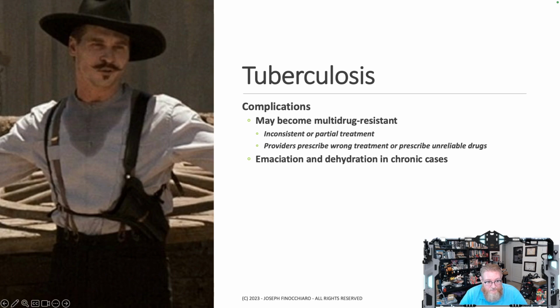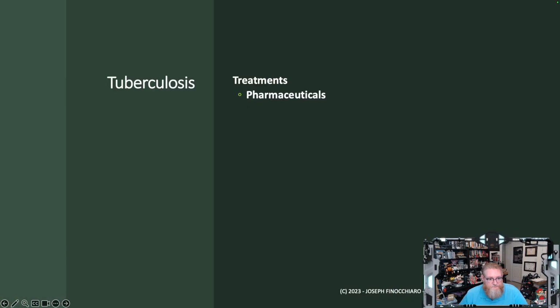Stopping the drug when you are feeling better does not mean that the microorganism has been sufficiently killed, and it will just come back stronger. Emaciation and dehydration in chronic cases is a common thing. Treatment for tuberculosis is pharmaceuticals.